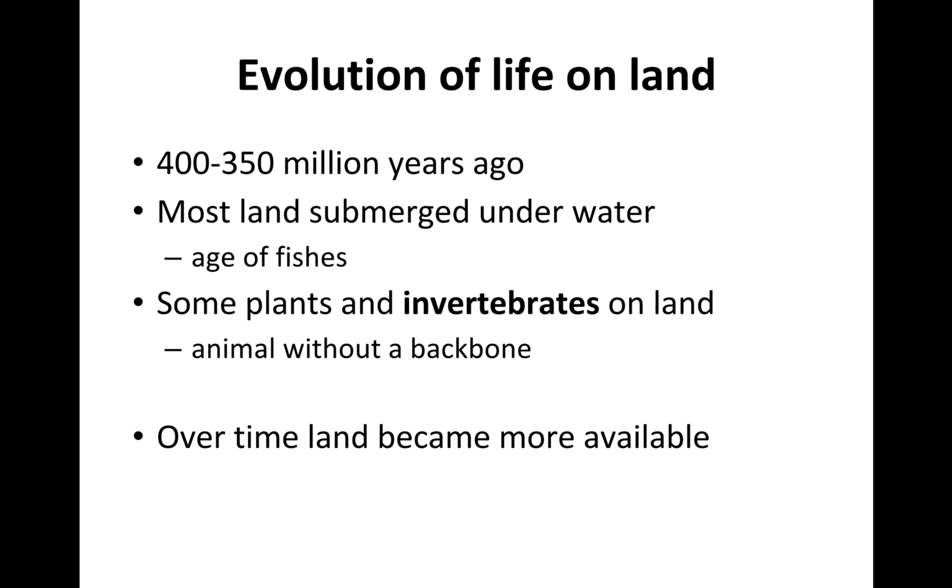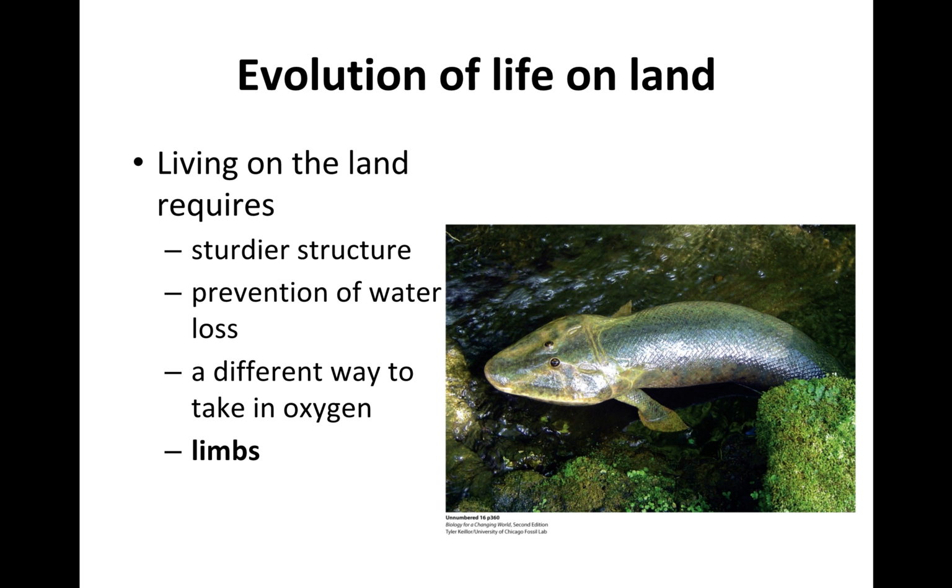Over time, land became more available, so therefore more animals started to emerge from the water and evolved onto land. So, what did land require? It required a sturdier structure, so therefore bones started to evolve. It also required prevention of water loss, a different way to take in oxygen, and a way to move around, which were limbs instead of fins.